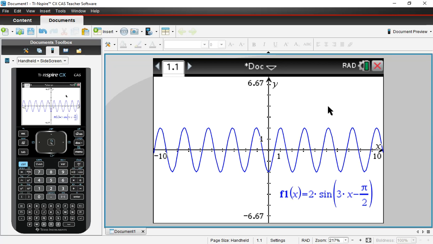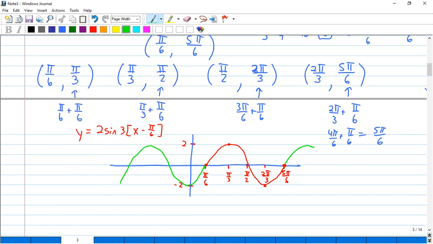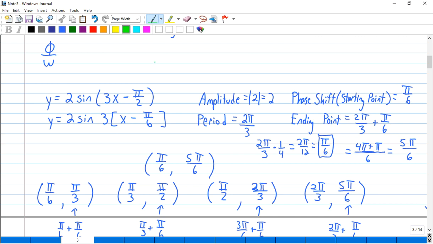All right, so we may want to use our calculators to help us approximate our x values so that we can compare our graph maybe to graphs that are on the homework or on the test or whatever. But if you were doing this for me on the test, I would expect you to first rewrite the equation correctly and then list the amplitude, the period, the phase shift, and the ending point.